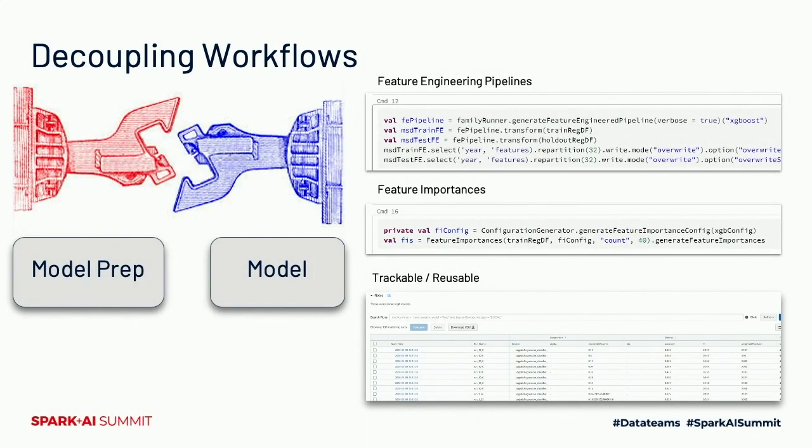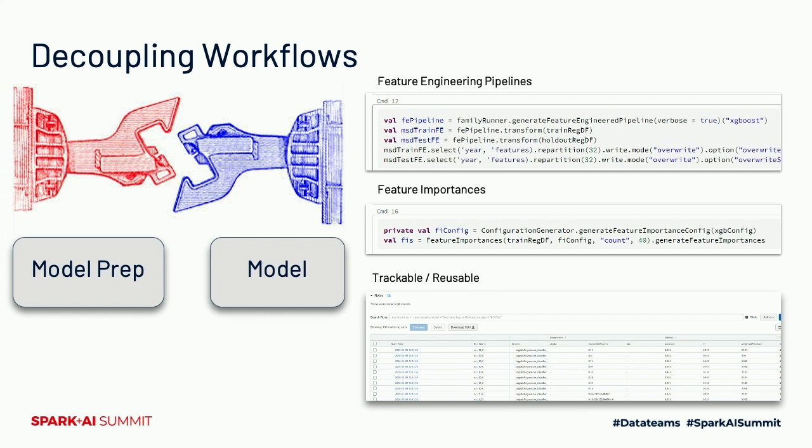What I'm going to do for the remainder of my time today is demonstrate how you can decouple your workflows to save time and money. There's a lot of work that goes on before model training. In fact, as has been shown on many of the slides you've seen this week, most of the work actually happens before the model starts.